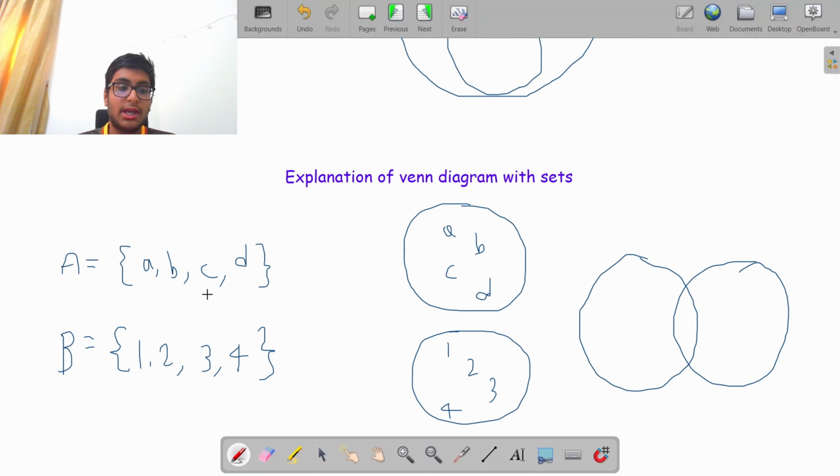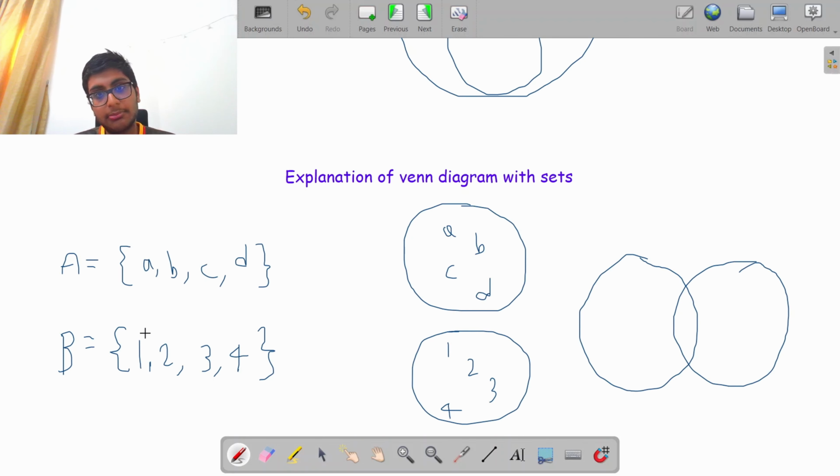So here we have A equal to {a, b, c, d} and B equal to {1, 2, 3, 4}. These are two different sets with completely different information. While A gives us the set filled with alphabets, B gives us information about four numbers, and that's 1, 2, 3, and 4.